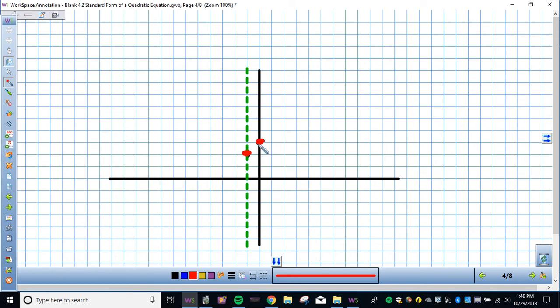So I know if I'm 1 away from the axis of symmetry, I just go 1 away on this side, and then I can graph my parabola. That's all you got to do. Okay, so from the y-intercept right here, I went 1 over to the axis of symmetry, 1 more over, and then you can draw your parabola. And right, it looks like a U. If it doesn't look like a U, something's wrong.